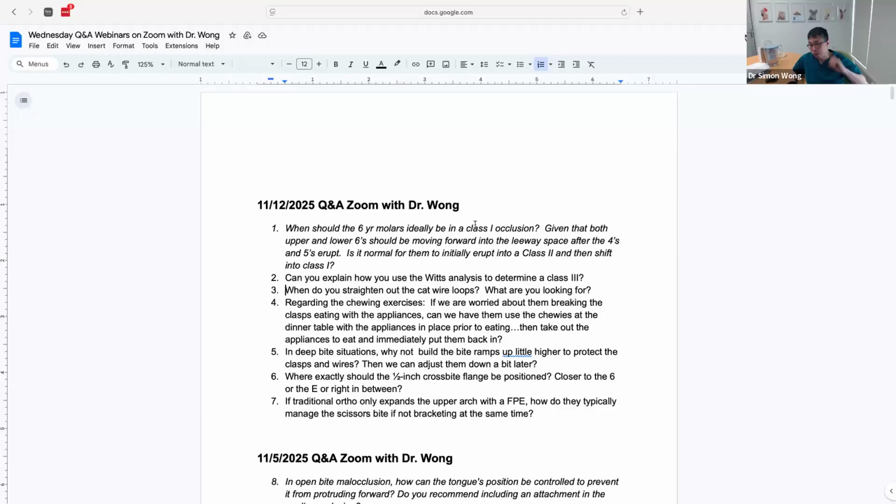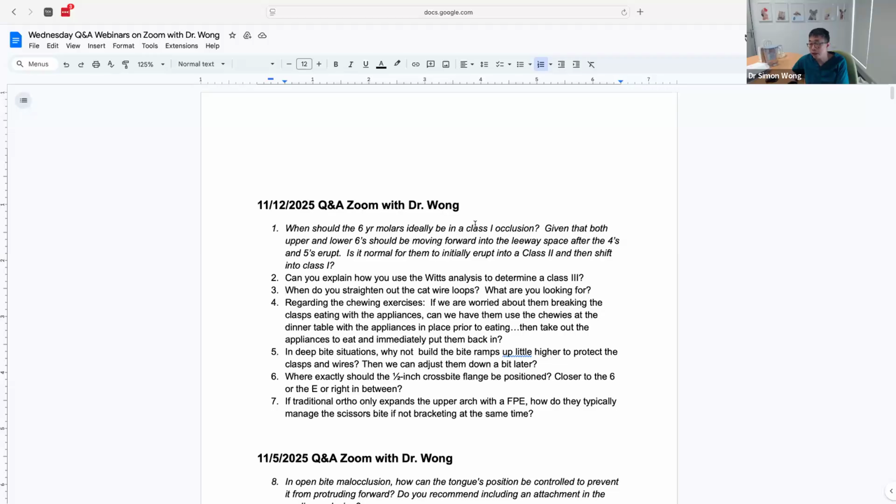So when should the 6-year-old molars be in class 1? Very often they're always in class 1. In class 1 growth, with possibly 2 mils and 1 mil of leeway space closure in the lower and upper arch, you've got a little bit closer to end-on type relationships still being possible.